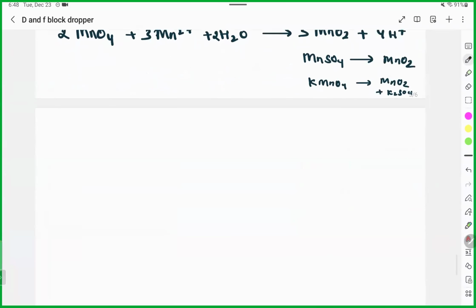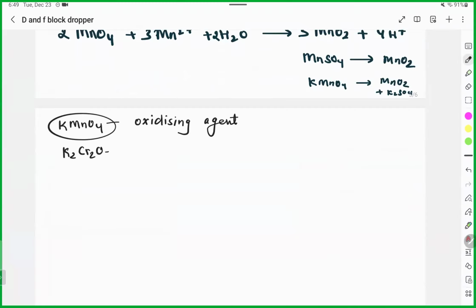Application. You know, KMnO₄ is a very popular oxidizing agent. Yes, sir. Barinder, what are the chemicals that can act as an oxidizing agent? Is it only KMnO₄ or K₂Cr₂O₇? HNO3 can also act as an oxidizing agent.